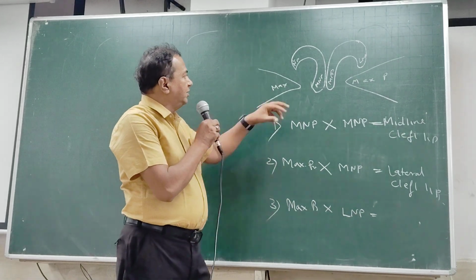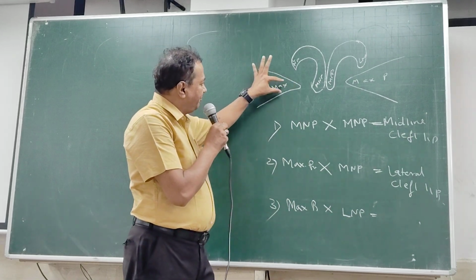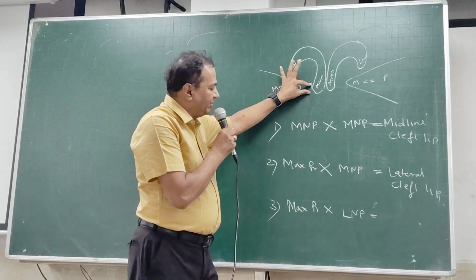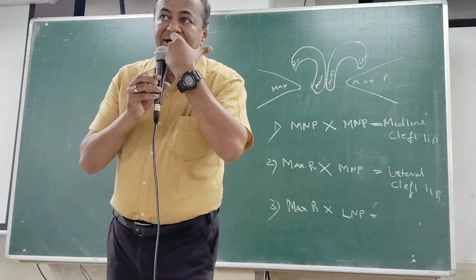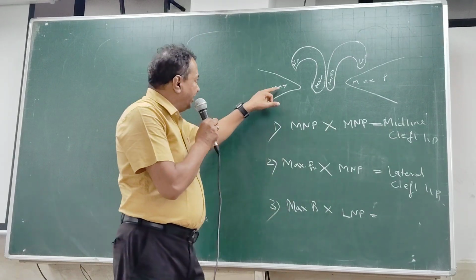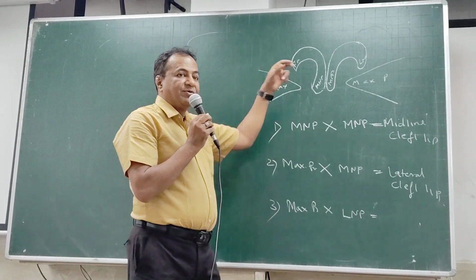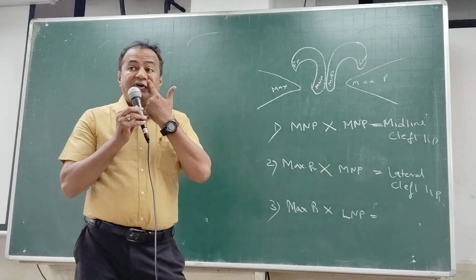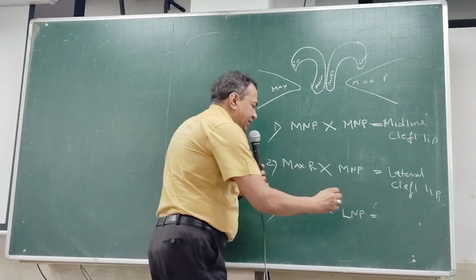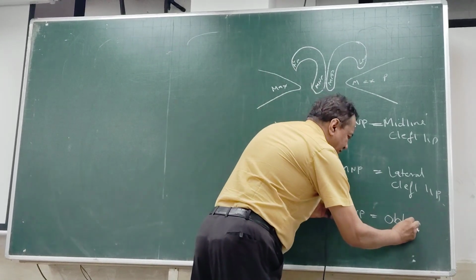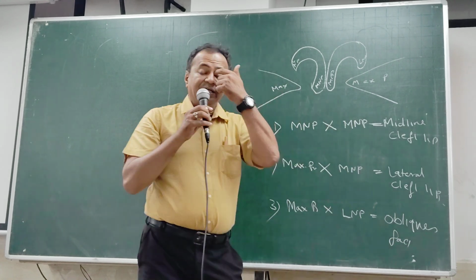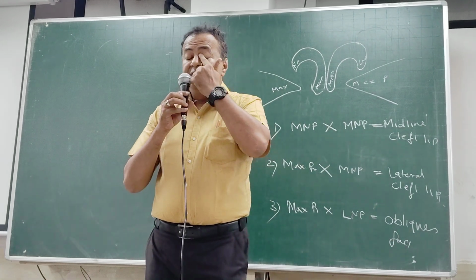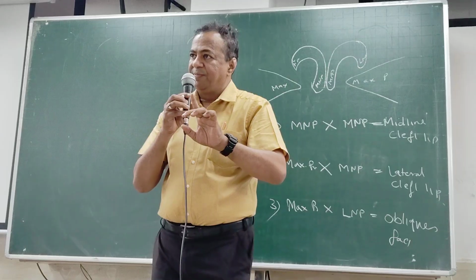Now, basically the maxillary process forms the upper lip on the sides of the philtrum by fusion. Now when this fails to fuse with lateral nasal process, there is oblique facial cleft. Because along this line of fusion, the nasolacrimal duct is formed.